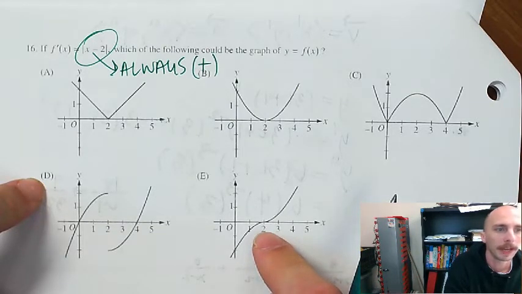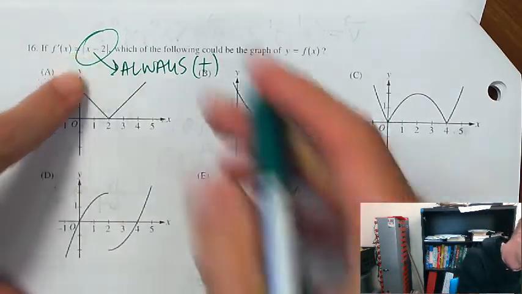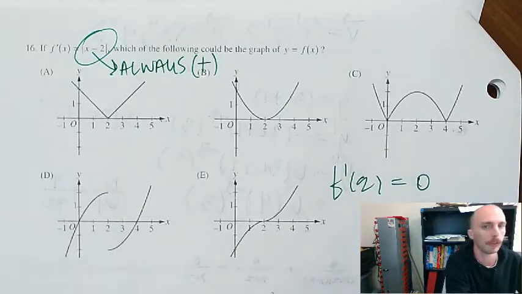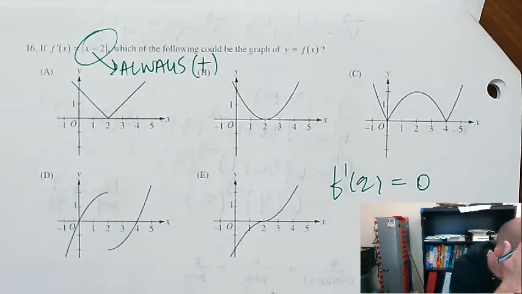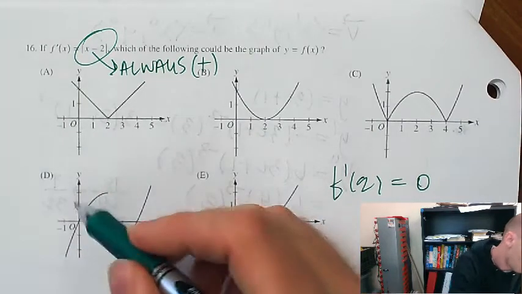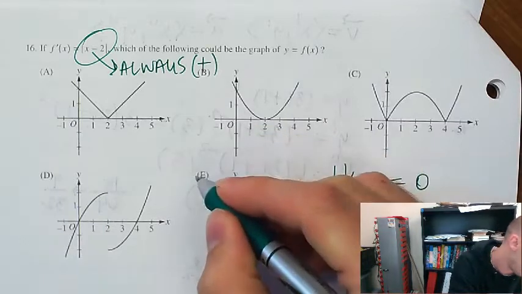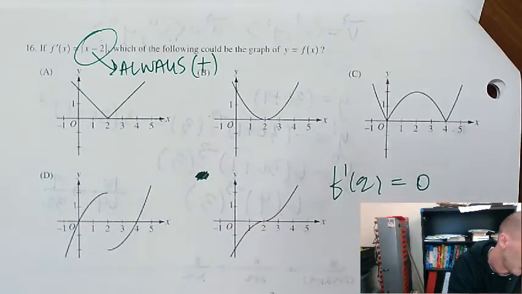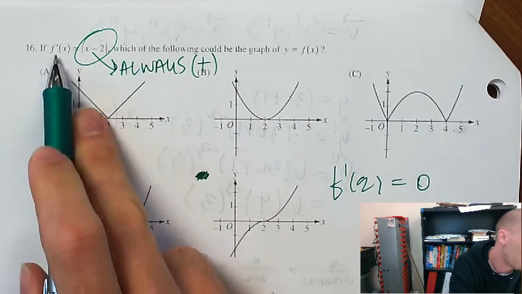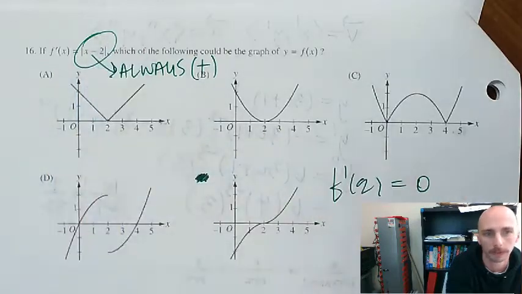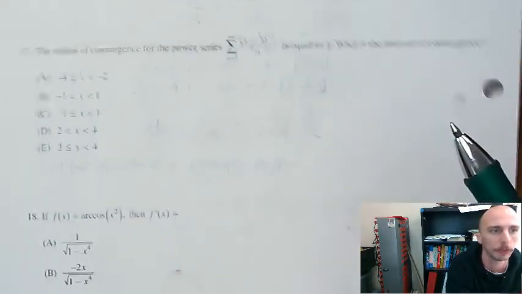But at x equals 2, f prime of 2 needs to equal 0, right? I need that to happen. And f prime is not defined here because f is discontinuous. So it's going to be this one. I think that, if f prime is always defined, then f is always differentiable, which means f is always continuous, and so it can't be that one. I think that's a good reason.